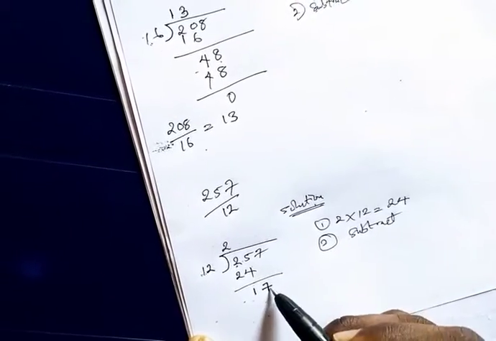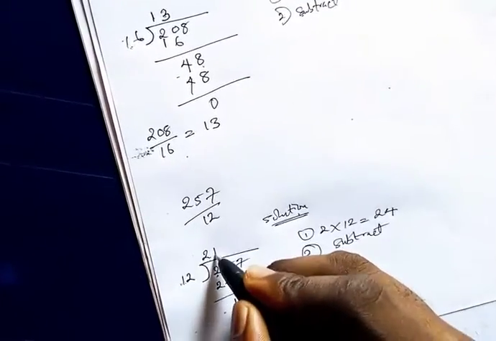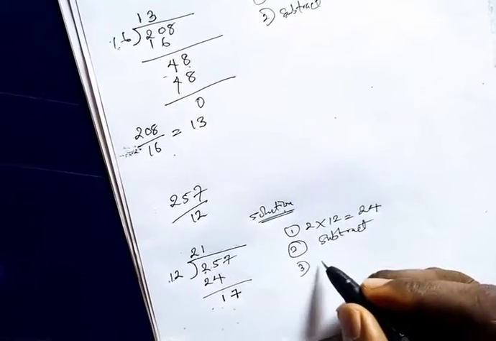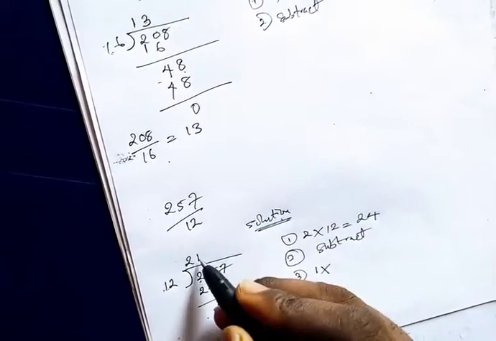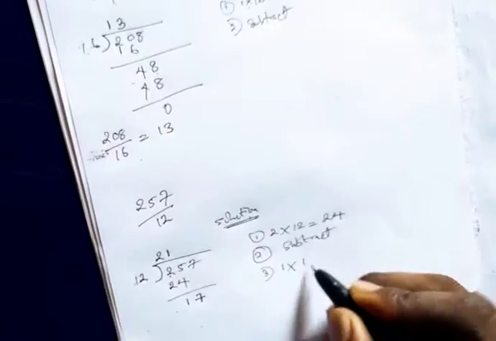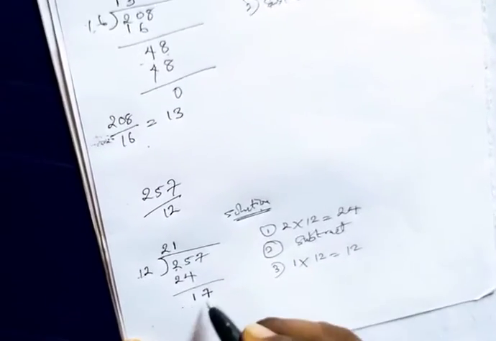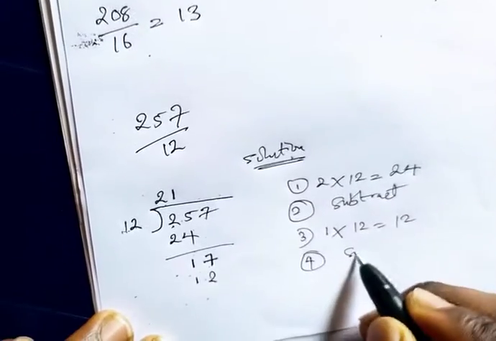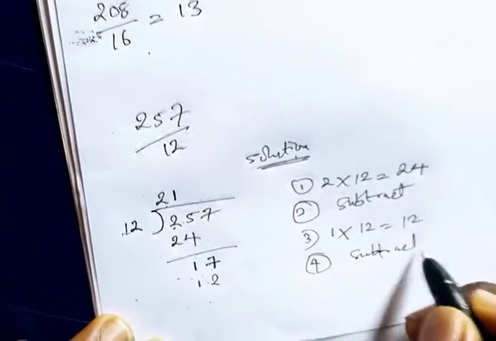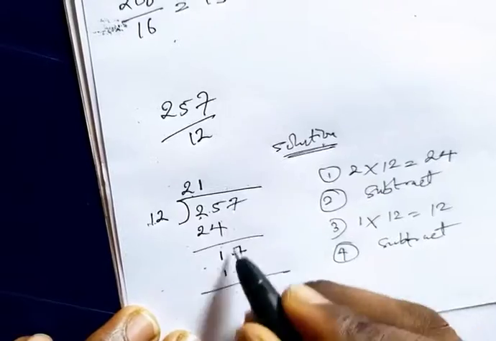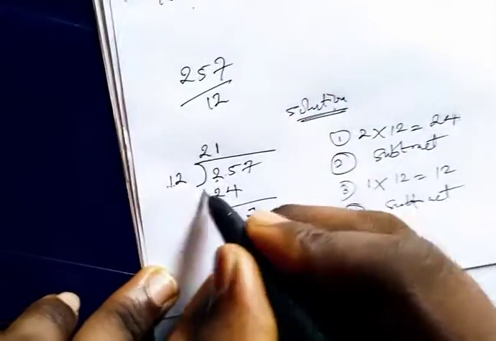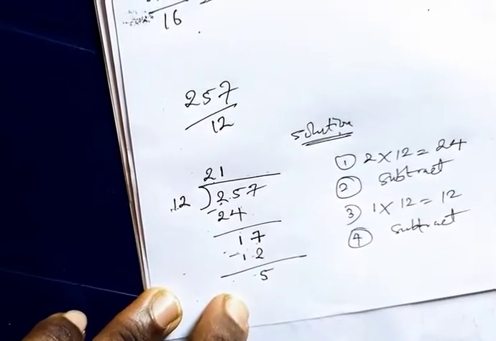No, but 12 can go in 17 once. So we multiply again: 1 times 12 will give us 12. So we put the 12 down here and subtract again. So 17 minus 12 will give us 5.